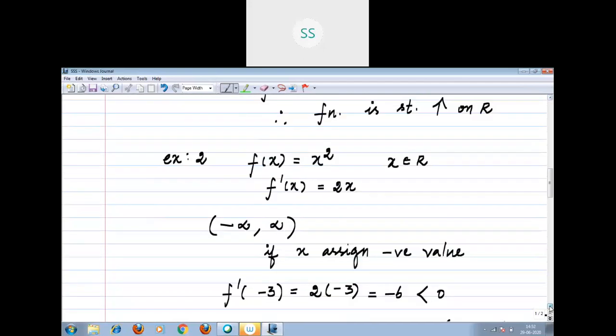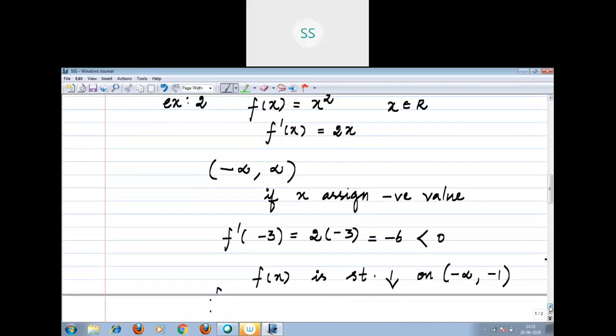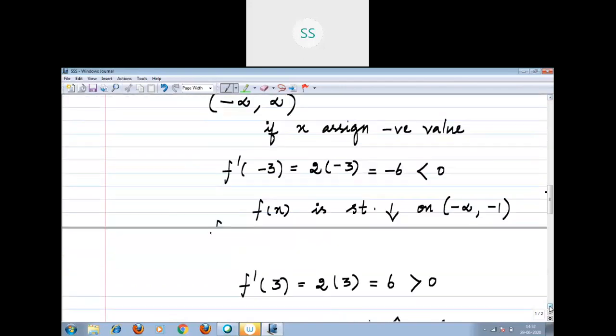If x is assigned a negative value, not only minus 3, any negative value you assign, you will get a negative derivative. So the function is strictly decreasing from minus infinity to minus 1. If x is assigned a positive value, it starts from 1 to infinity.